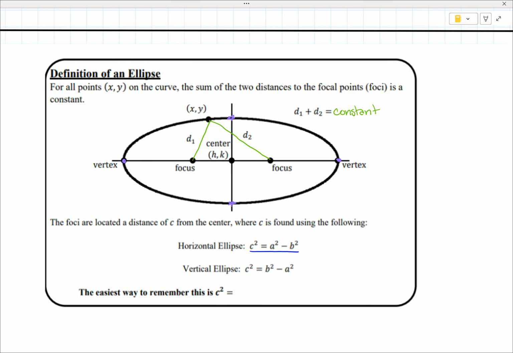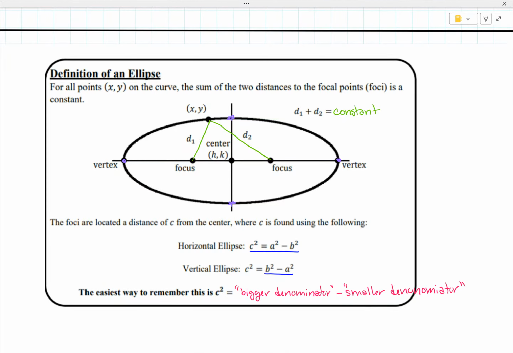And then if we do a vertical ellipse, we do b squared minus a squared. A way to remember this is you want to take the bigger denominator and subtract the smaller denominator. Okay, so use that as just our definition.